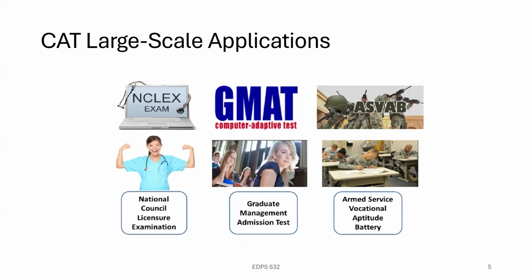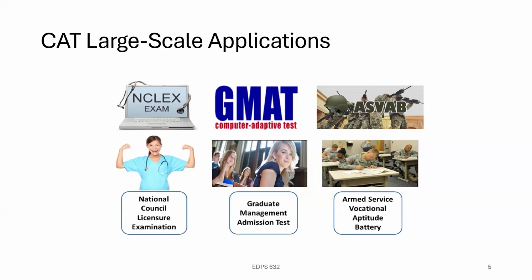Well, let's discuss current applications. This is not about the future. We already have so many computerized adaptive exams. Everyone knows the GRE, and the GMAT, Graduate Management Admission Test. These tests are already in computerized adaptive testing format.